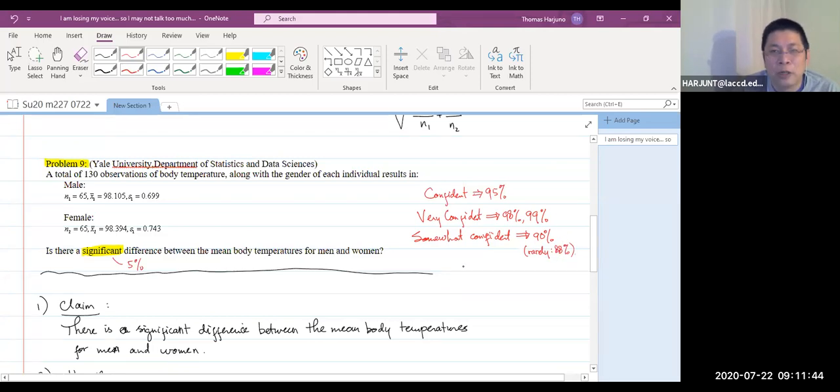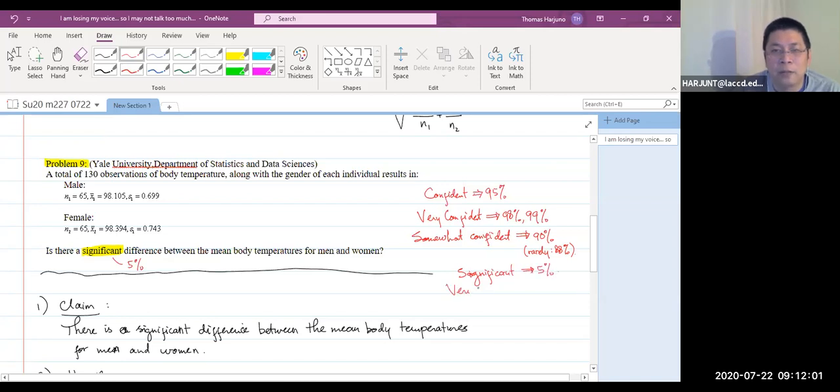Now, the corresponding numbers in hypothesis testing: the word significant refers to 5%. Notice that's 95%.